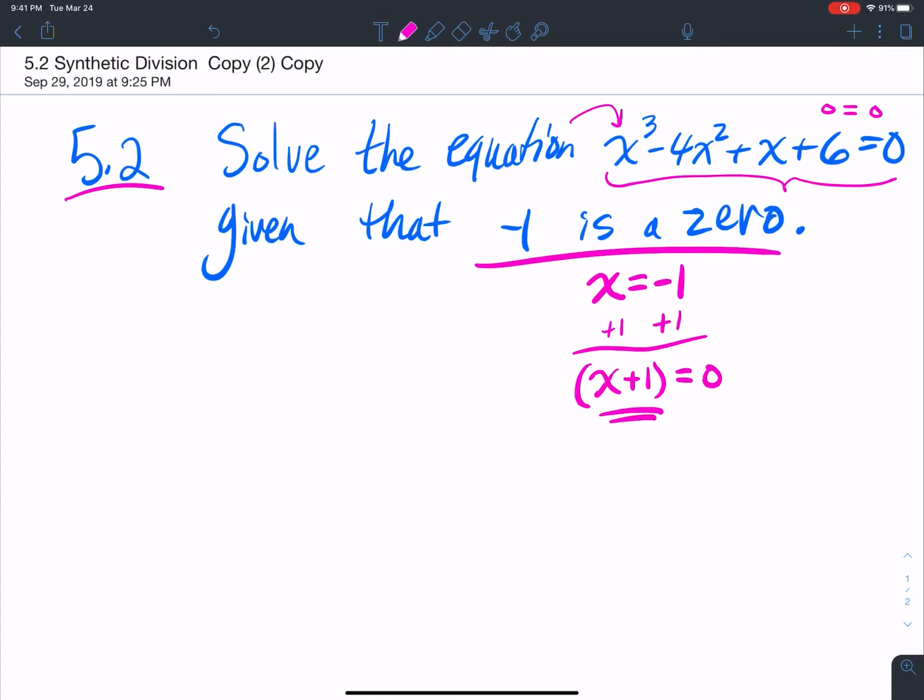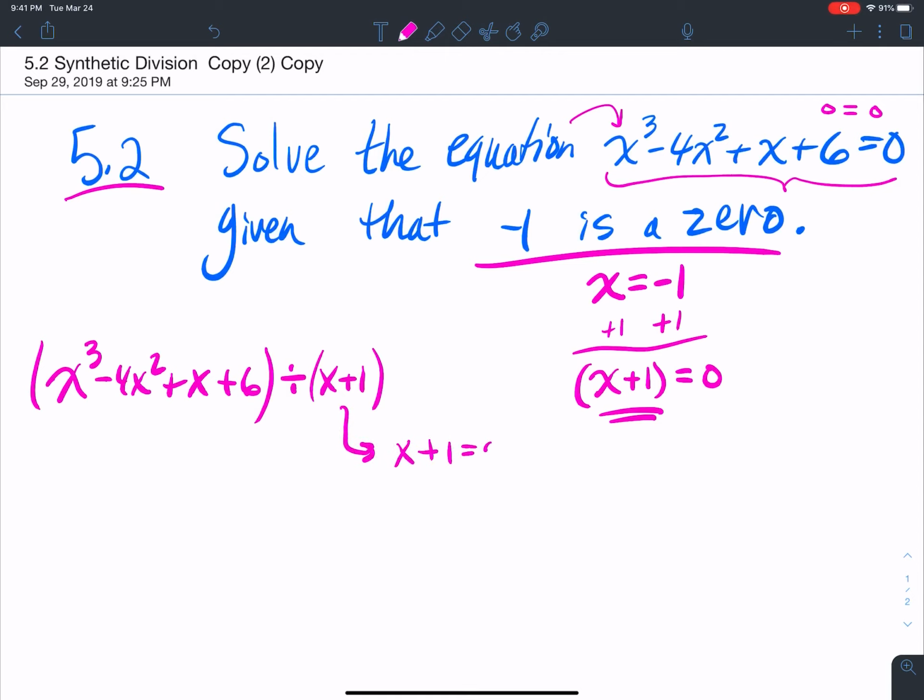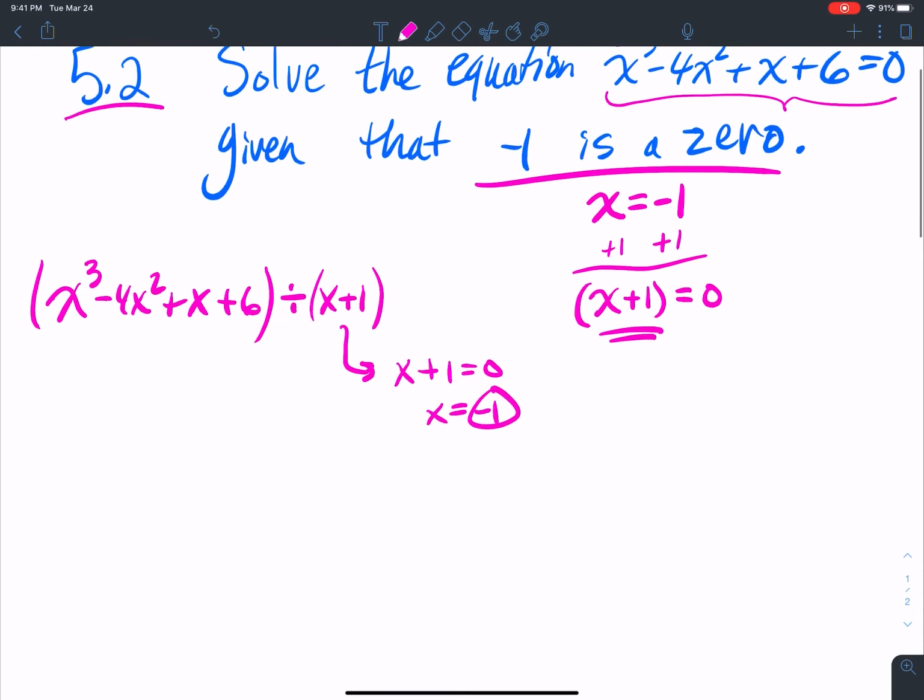So how do I do division here? I've got x cubed minus 4x squared plus x plus 6 divided by x plus 1, right? So I want to remind you how to do synthetic division. To do synthetic, I take what I'm dividing by and set it equal to 0, solve for x, I get negative 1, that's my 0.